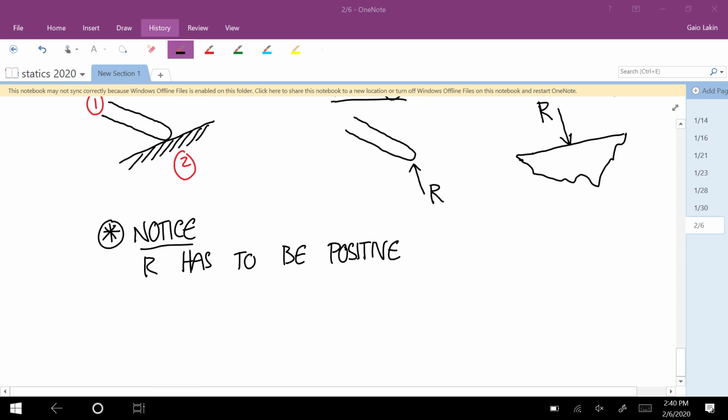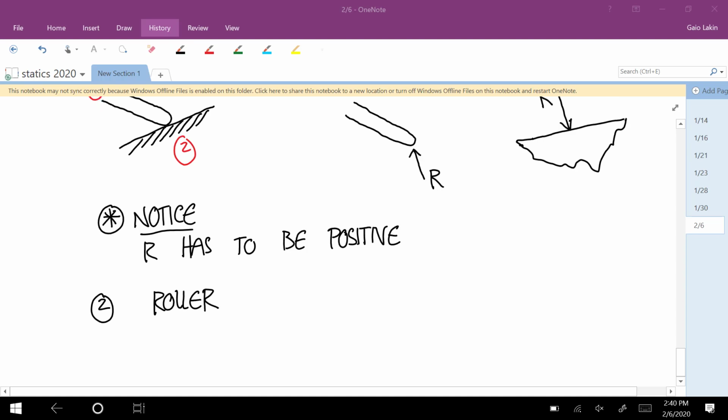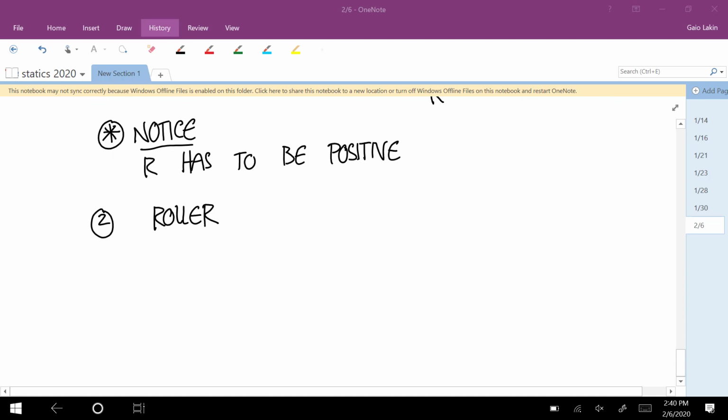The second joint in this category is a roller. There are really two ways that you see this drawn. One is, I'll say this body is like that.